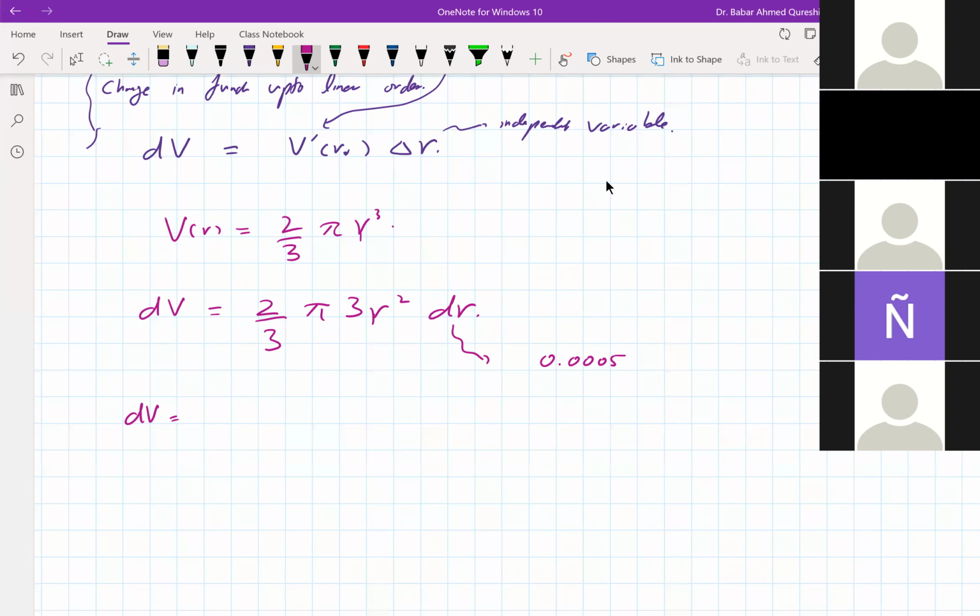So dV would be the paint required. All you need to do is cancel this 3, do these numbers, and this gives you a very good approximation of what you need.